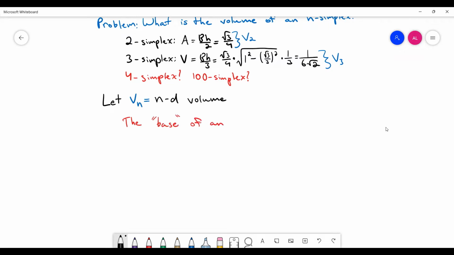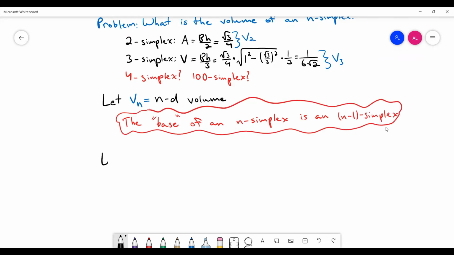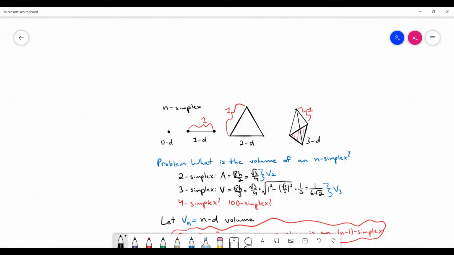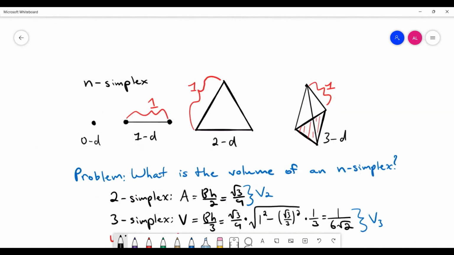So now, we notice one very important observation. This single observation is very crucial to the entire video. And that is that the base of an n-simplex is an n-1 simplex. So what do I mean by that? Well, notice that each simplex right here in the diagram is composed of a base simplex.